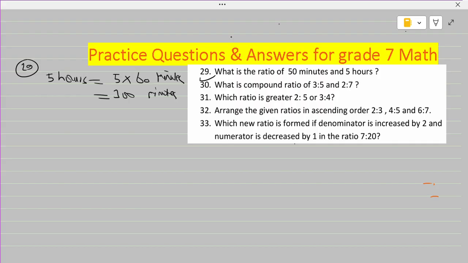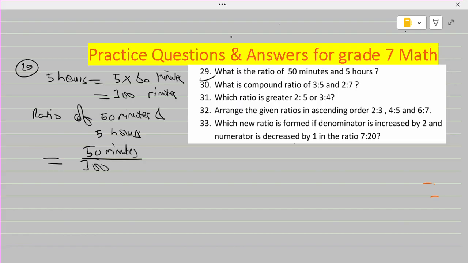Then you can find the ratio of 50 minutes and 5 hours. We have 50 minutes same, and we have found that 5 hours is 300 minutes. So we have converted both times into the same unit, minutes. So now we can find.